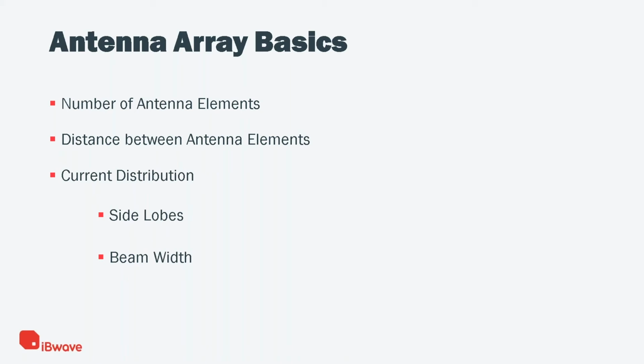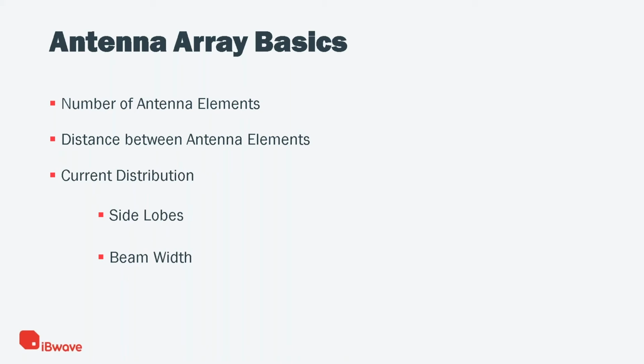And the last parameter, which will affect both the side lobes and the beam width at the same time, is the current distribution between the antenna elements. We can apply what is called uniform current distribution, which means all antenna elements will receive the same level of power, or we can apply some current distribution in order to improve the side lobes or to improve the beam width of the antenna.